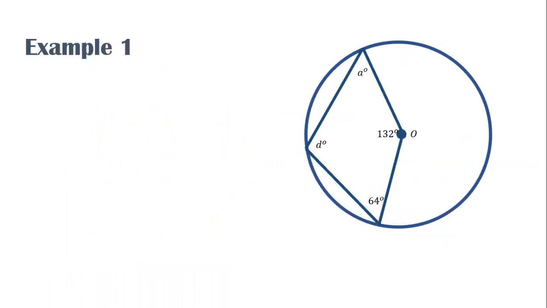Okay, students, to make sure everything is clear about this material, we go to several examples. Example 1. We call this one D degrees, A degrees, 132 degrees, and 64 degrees. Find angle ABC and angle BAO. Yes, only two questions.